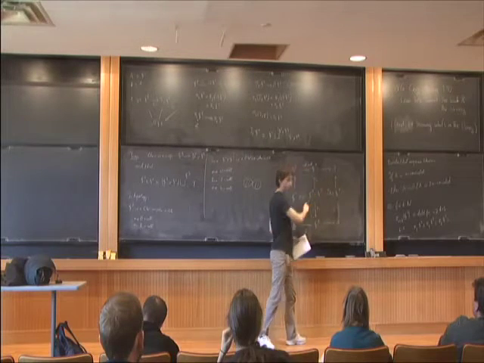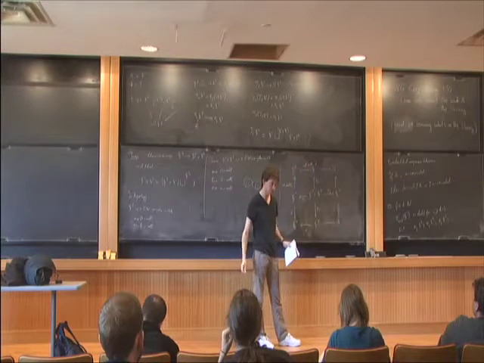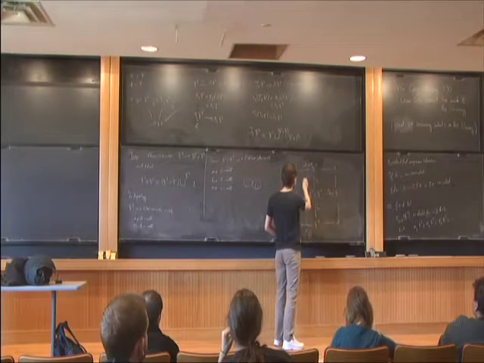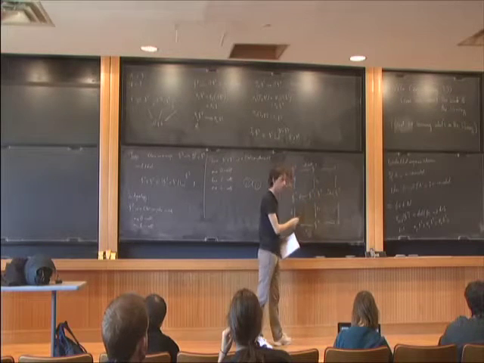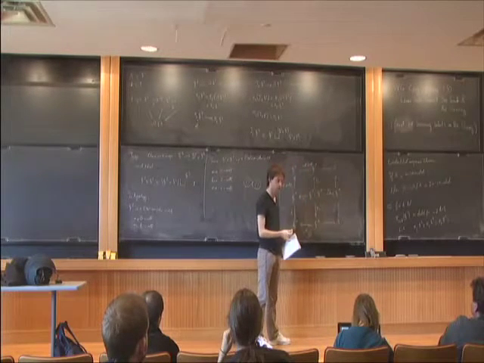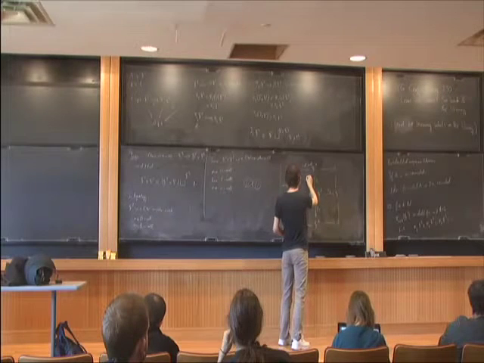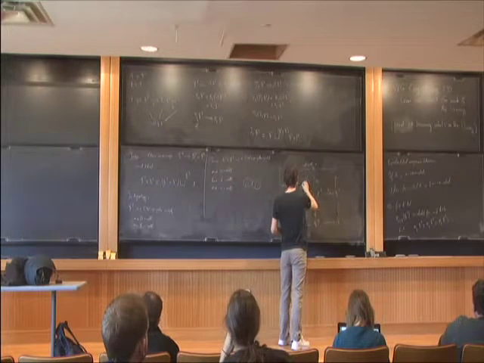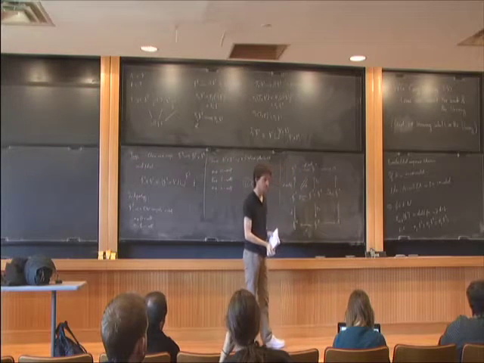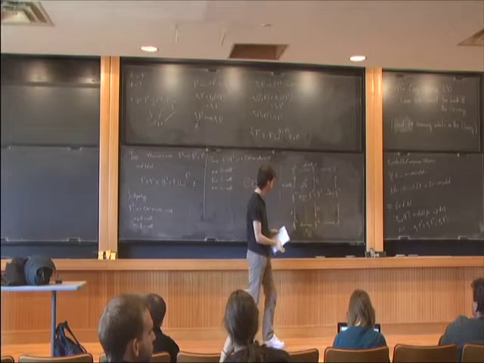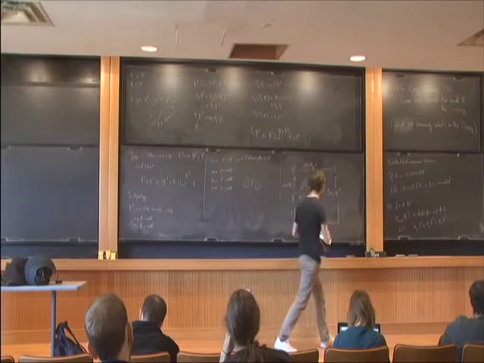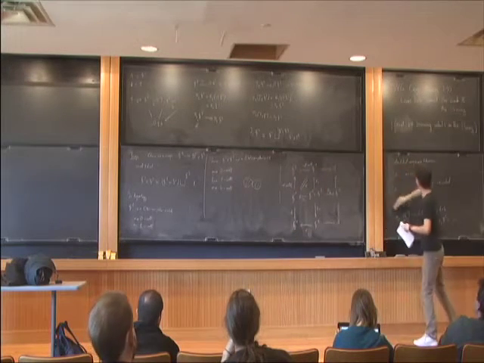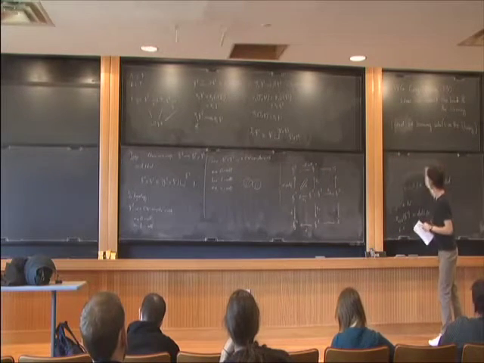Those three squares commute definitionally. But this square does not commute definitionally because north is not equal to south. So we need to add a two-dimensional cell alpha here. Oh, wait, continuing this side.